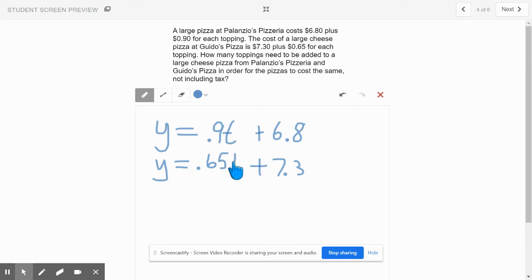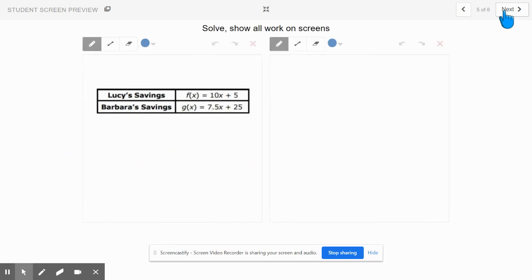And then just like the two previous problems, you are going to go ahead and take this chunk, which you know equals y. This all equals y. You're going to put it here. You're going to cross out y, right? And you're going to put all of that here and then solve for t. And that's all it's asking. All it wants to know is how many toppings are needed for them to cost the same. Okay? All right, let's go to the next one.